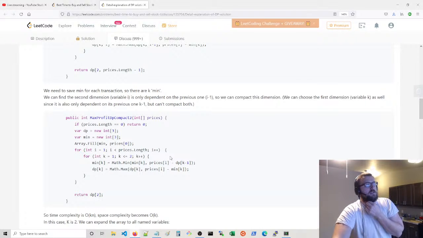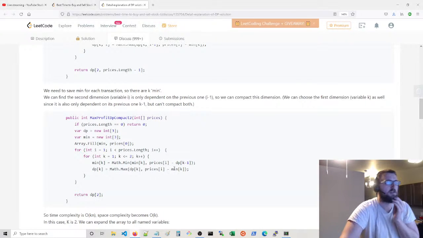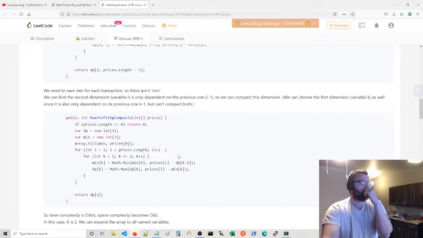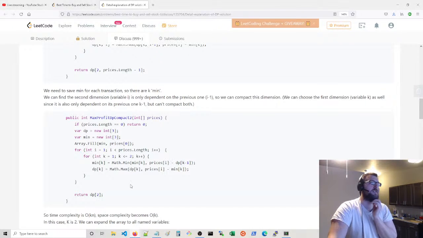If the price went up, that would change dp1, but we're saying dp1 didn't change.